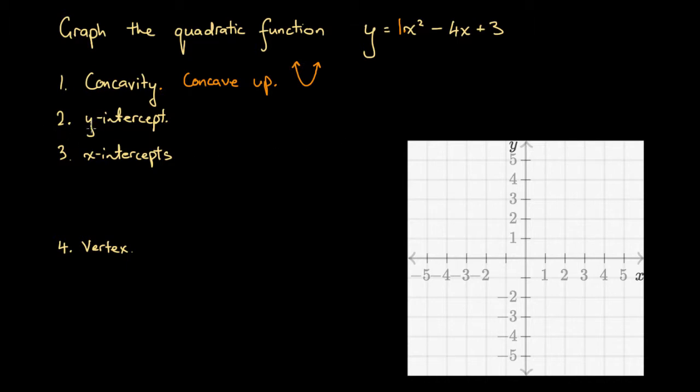Okay, let's move on to the second step. Let's determine the y-intercept. Well, we could substitute x equals 0 in here, but an easier way is to remember that y-intercepts always have an x-coordinate of 0, and that's because the y-intercept is the point at which a graph crosses the y-axis, so by definition it must have an x-coordinate of 0.